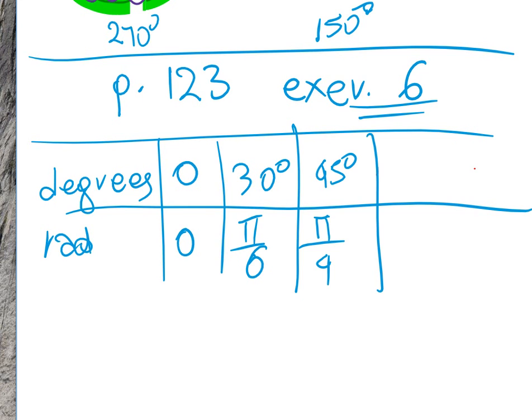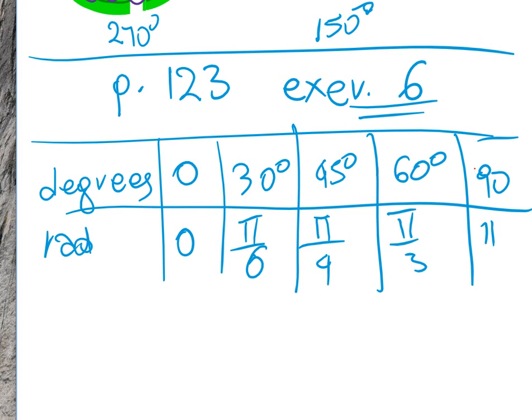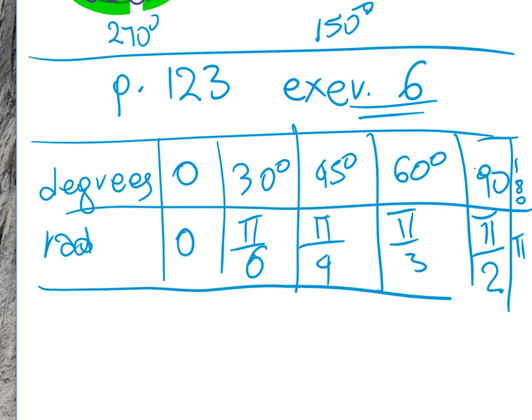When I have 60 degrees, this is pi over 3. And when I have 90 degrees, this is pi halved. Okay. And 180 degrees is a whole pi. Okay. Remember that, and then the rest will derive slowly.